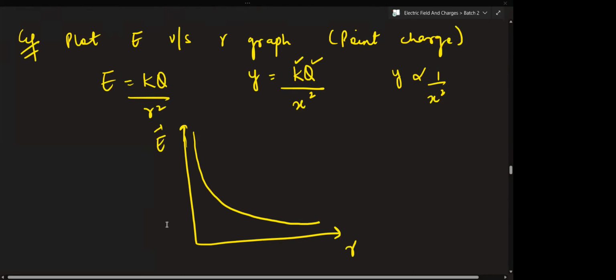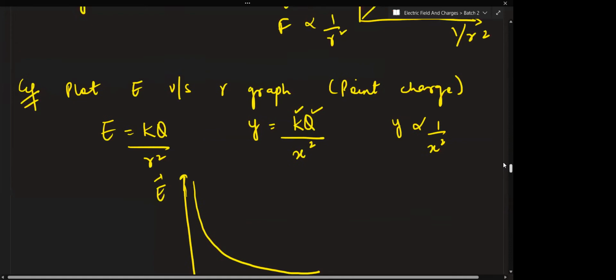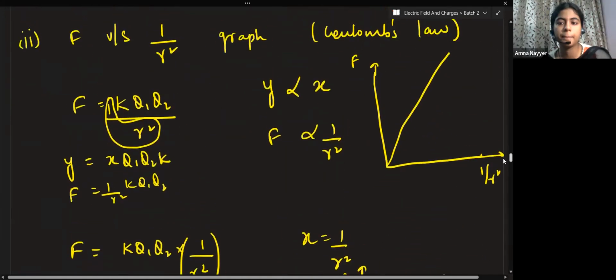Teacher, can you show the second one, the one above this one? This one? Yeah.